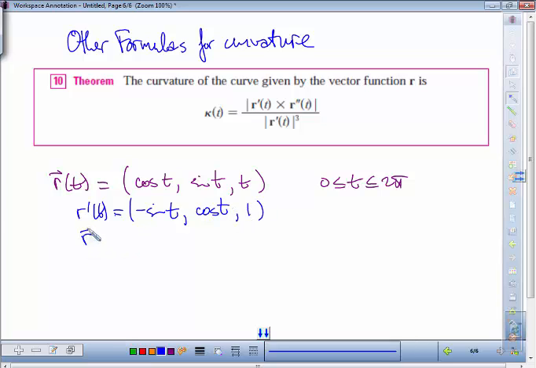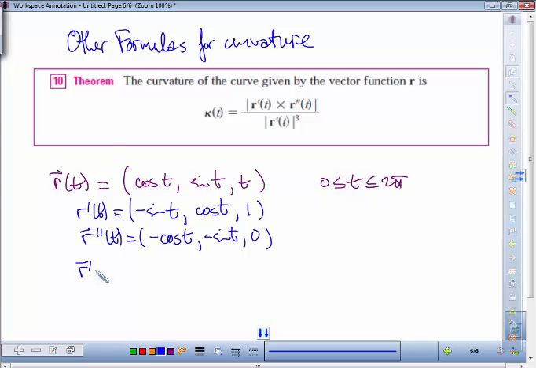And then we need the second derivative, which is negative cosine t, negative sine t, and then we get 0. And then we want to cross them. I just wolframed it. All right.